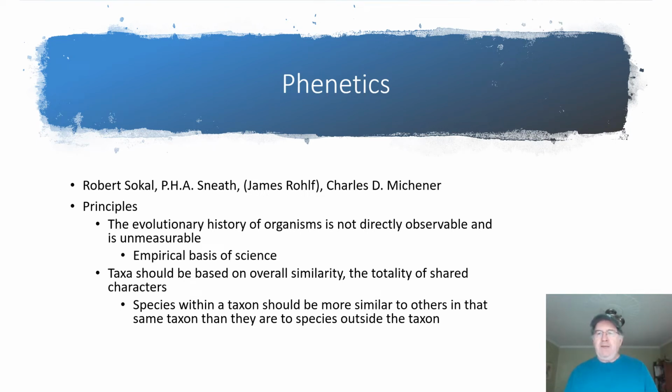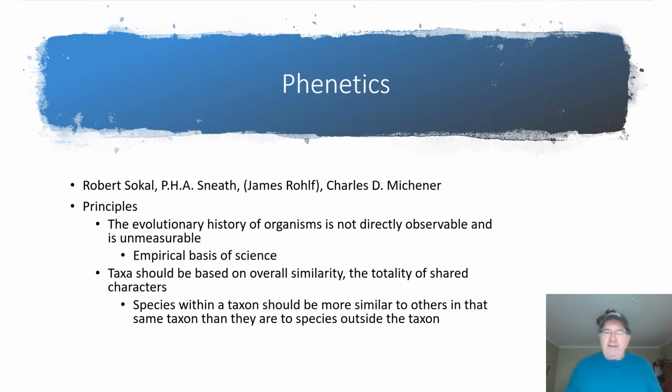Secondly, if we're going to recognize groups of species as separate taxa, we should base that grouping on an assessment of what they refer to as the overall similarity of the organisms that you're classifying together. By overall similarity, I mean the totality of all the characteristics that organisms share in common.